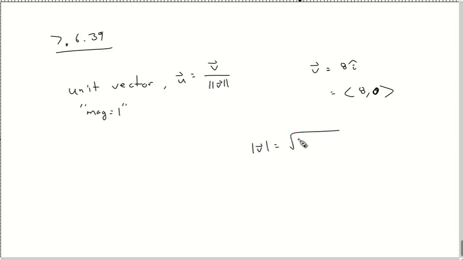So that's the square root of the squares, just an 8. And so what I actually have is <8, 0>, all divided by 8. And so I divide each term by 8. And so I got 8 over 8, and then I got 0 over 8.